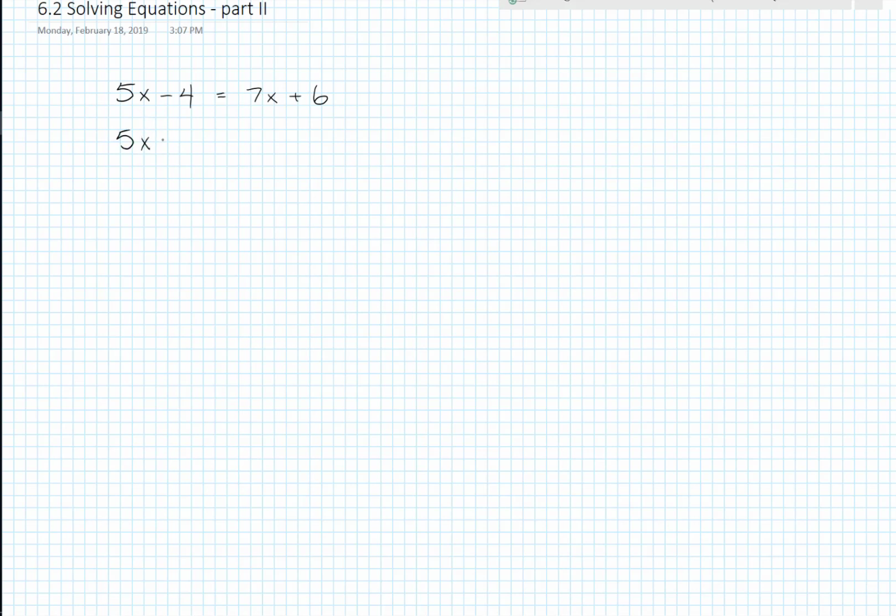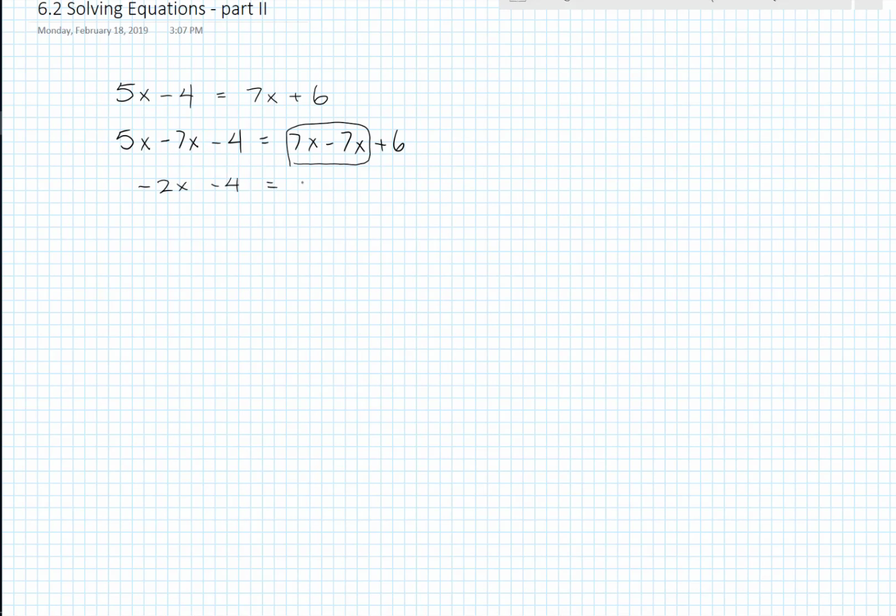So if we subtract 7x from the left and we subtract 7x from the right, we're doing the same thing, so that's fine. On the right, the 7x minus 7x just disappears. So on the left, we have 5x minus 7x. That's the collection. We simplify and write that as minus 2x.